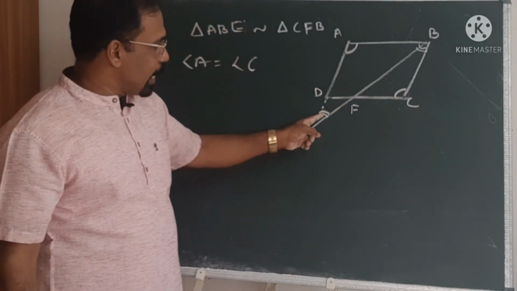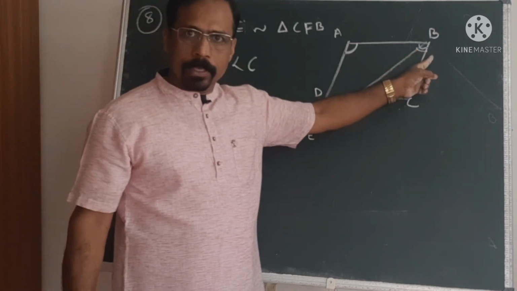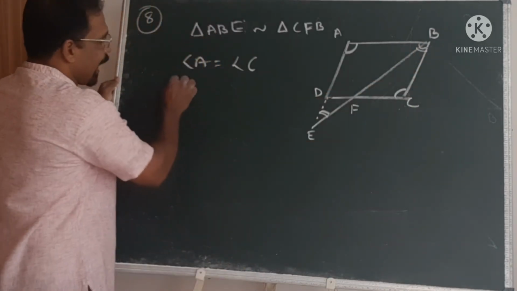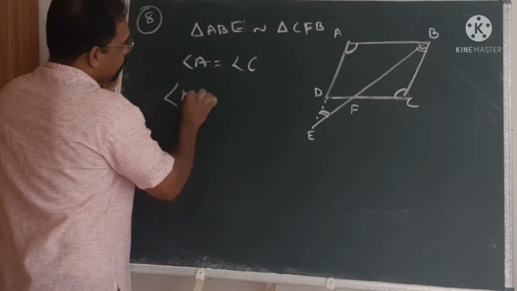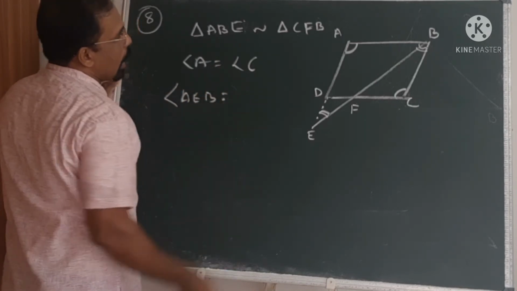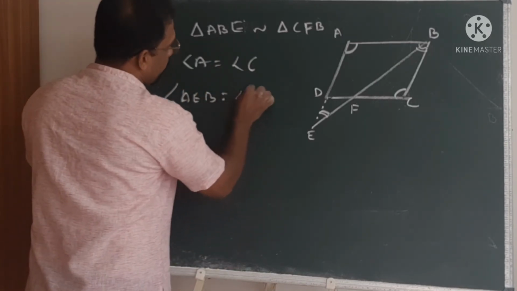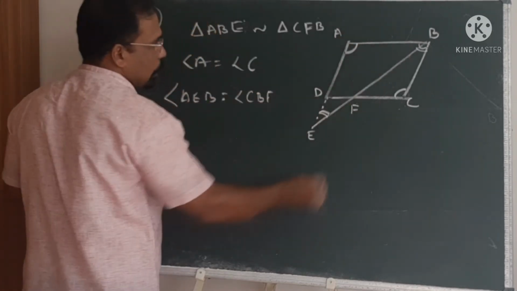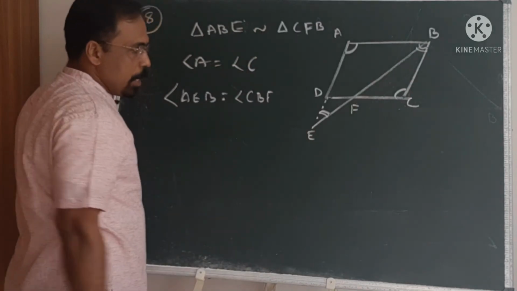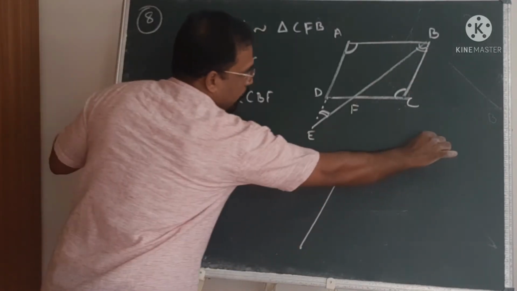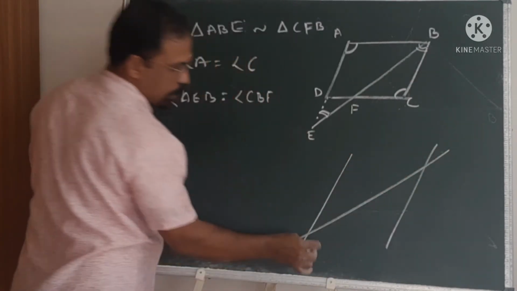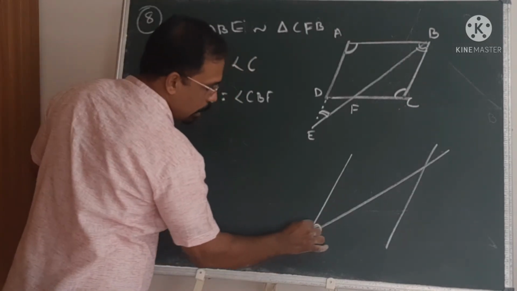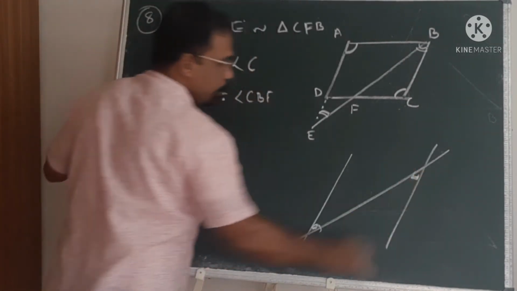Now look at this angle and this angle. They are equal. That is angle AEB is equal to angle CBF. This angle is equal to this angle. Why? Because you see this parallel line, this is cutting. So this angle will be equal to this angle.